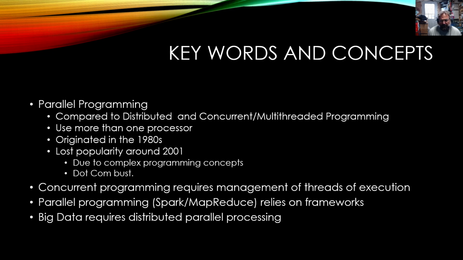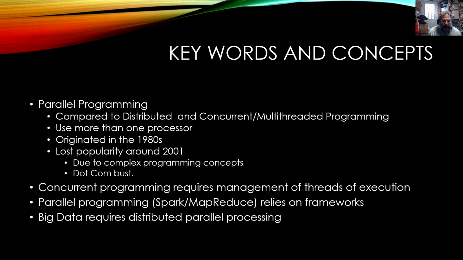So it makes your life potentially easier depending upon what you're doing. Parallel programming is distributed programming, basically. It's essentially distributed concurrent programming. It is often multi-threaded, but it does distribute things across multiple computers, right?